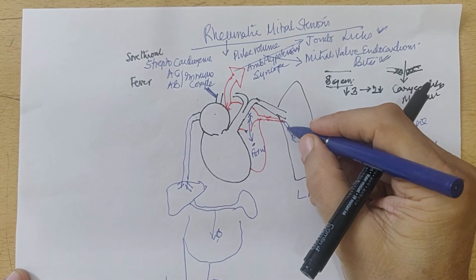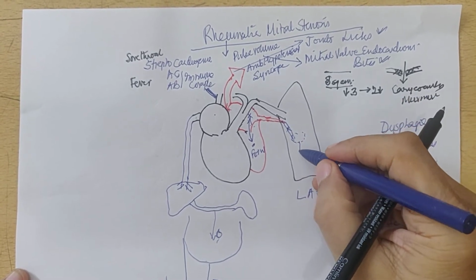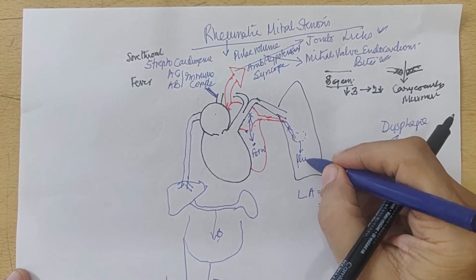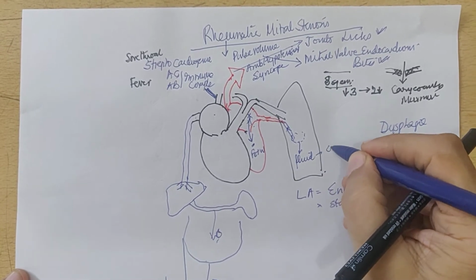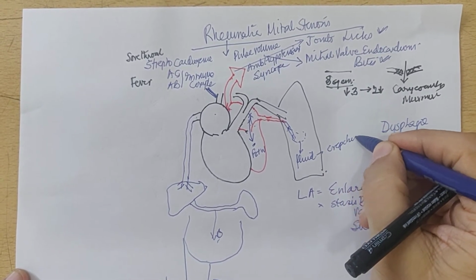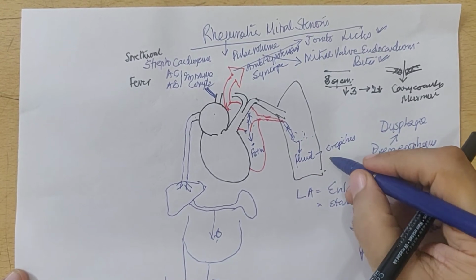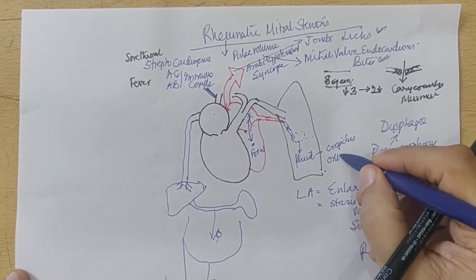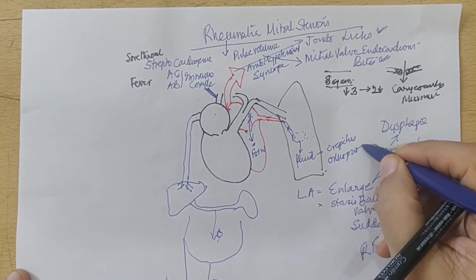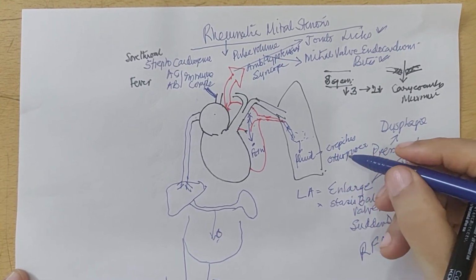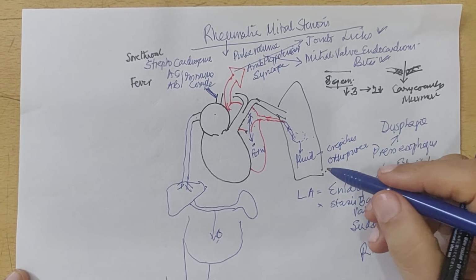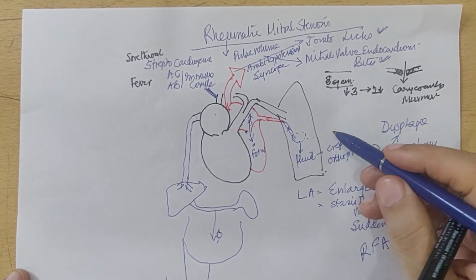This may leak fluid in the lung, which may lead to crepitus. And if there is too much fluid filling the lung, there is orthopnea. That means as the person lies down, there is breathlessness.